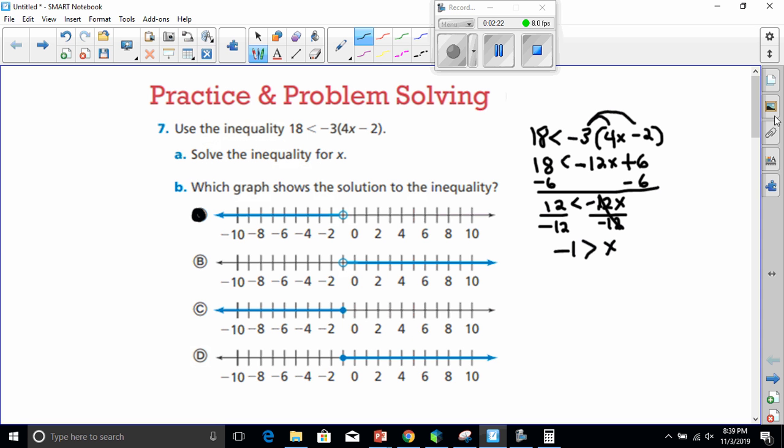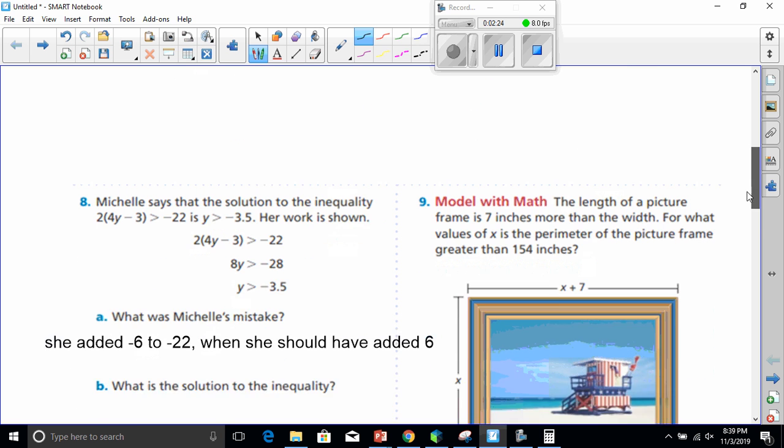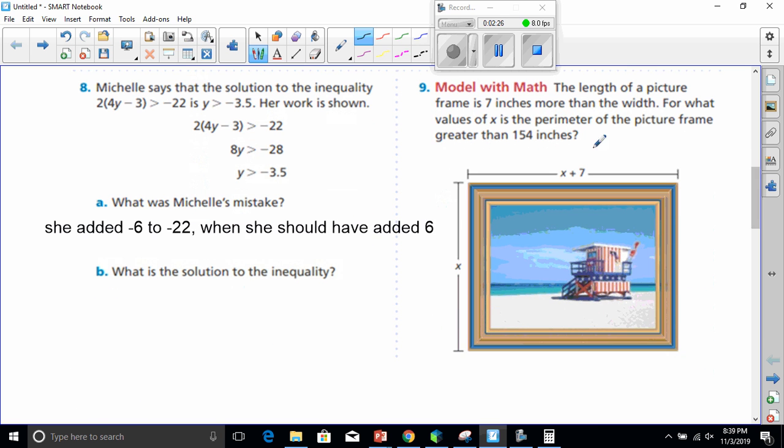All right, let's scroll down to our next odd number, which would be number 9. The length of the picture frame is 7 inches more than the width. For what value of x is the perimeter of the picture frame greater than 154 inches? So they're saying that the perimeter, the outside of it, is bigger than 154 inches.